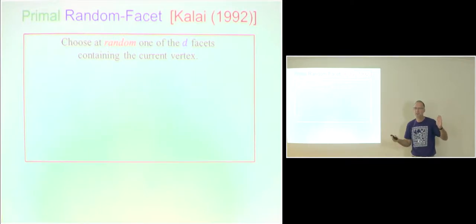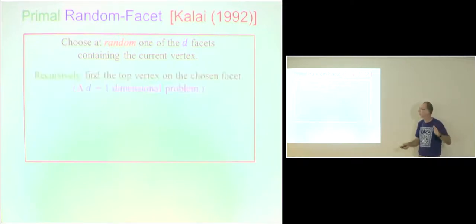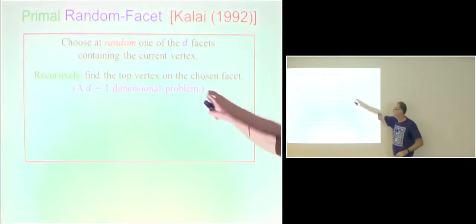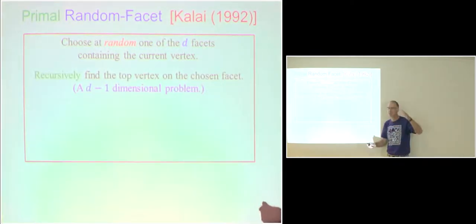We cannot remove it, right? If we remove it, we might get out of the feasibility region. But this is the dual point of view. We now say, let's stay on this facet, for the time being.